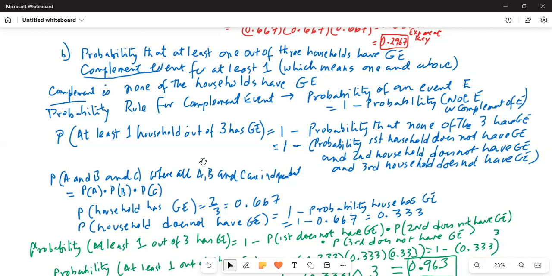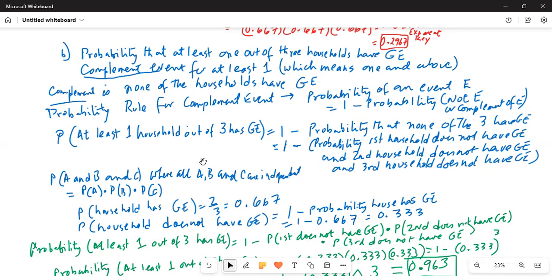So probability household does not have GE is the complement of that. So not having GE probability is 1 minus 0.667, which is 0.333. So probability at least 1 out of 3 households has GE is equal to 1 minus probability first does not have GE times probability second does not have GE times probability third does not have GE.